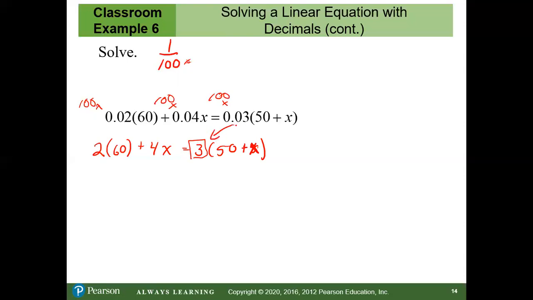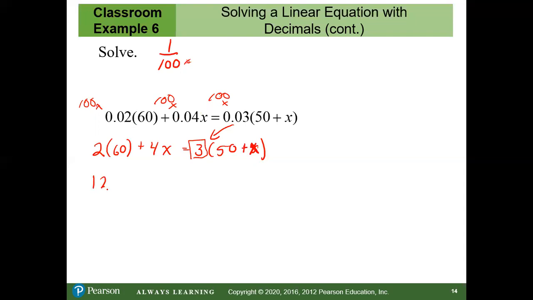This was 0.03. It is now just a 3, which means it's 100 times bigger than the original value. So that is why you don't have to multiply the stuff that's on the inside of the parentheses, because you're doing it in an indirect way. So don't do it if you want to get the right answer.